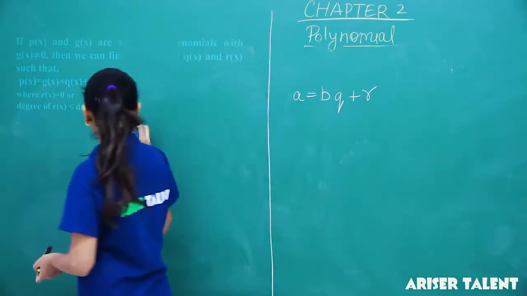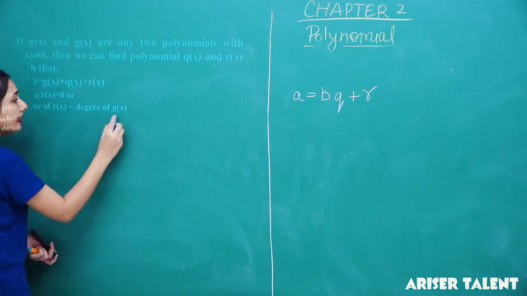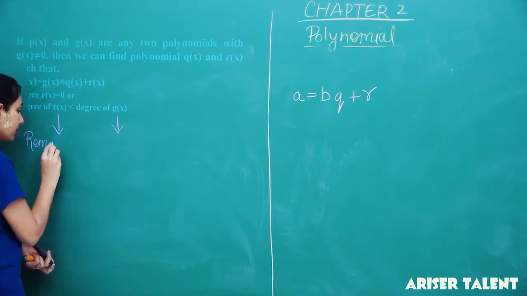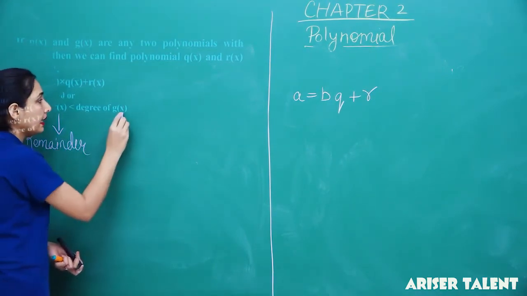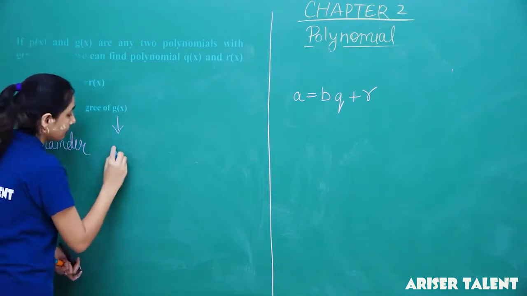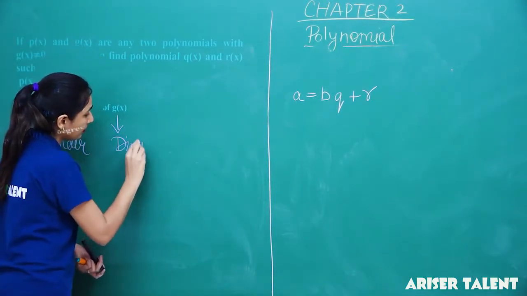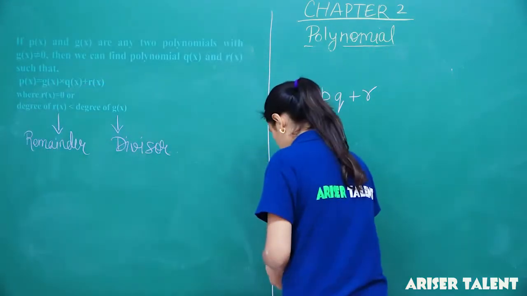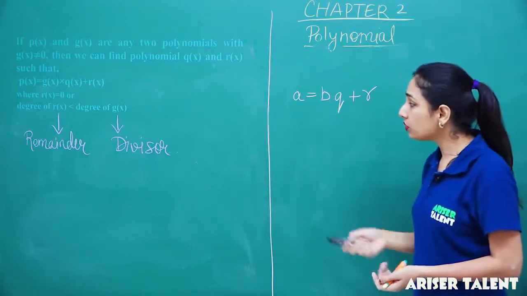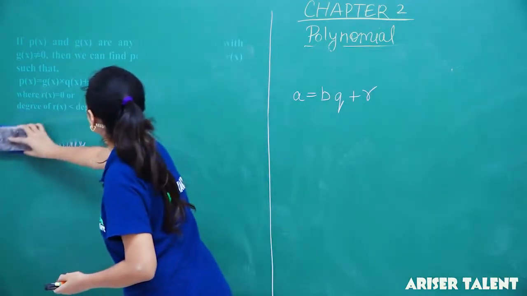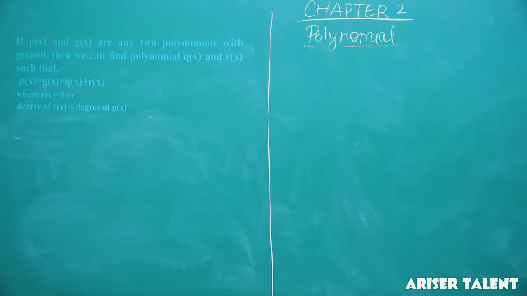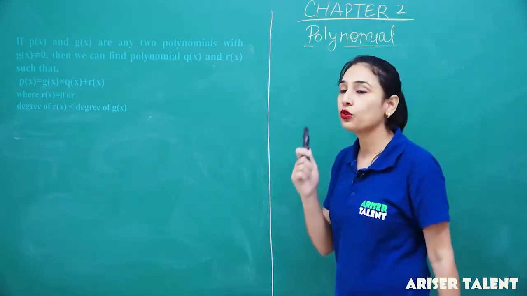Okay, you can have this like this is what your remainder and this is gx. Gx is what? Your divisor. Okay, understood this one? Note this. Okay students, so I assume you have noted it down.